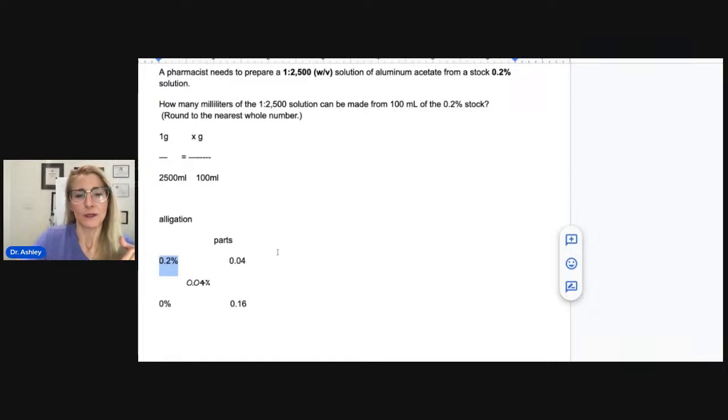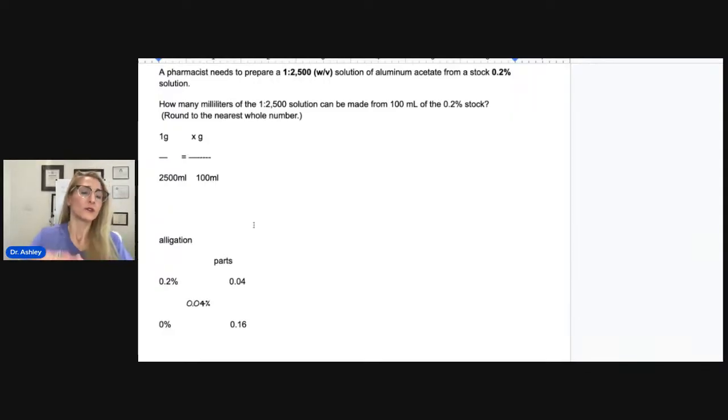So everything matches up going directly across. 0.16 of our 0.2% solution. So we're just trying this to prove that you can do alligation even with problems that only have 2 concentrations. So since it's a dilution, instead of a concentration, we used 0% there for our third concentration.